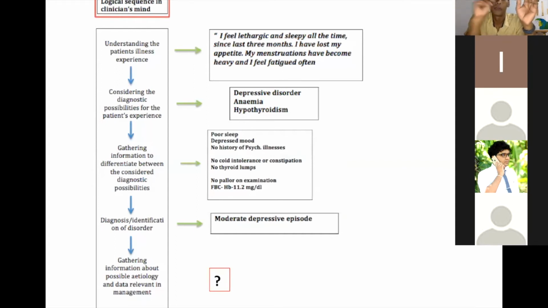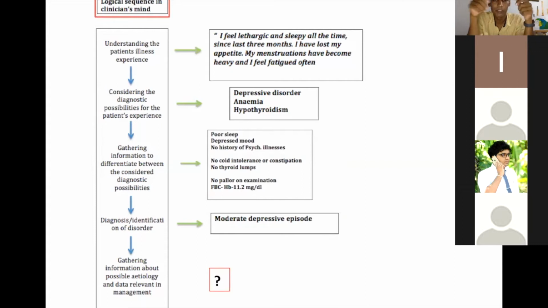And then to decide whether it is mild, moderate or severe, you have to ask those questions that differentiate between the severity of a depressive episode. And then now we have come to a decent diagnostic possibility here.